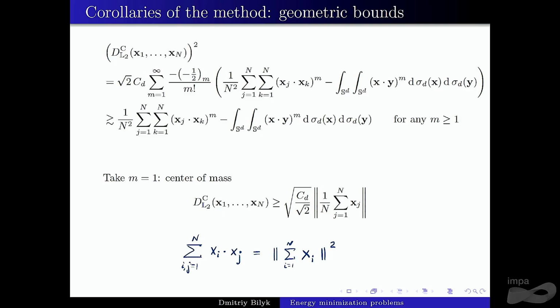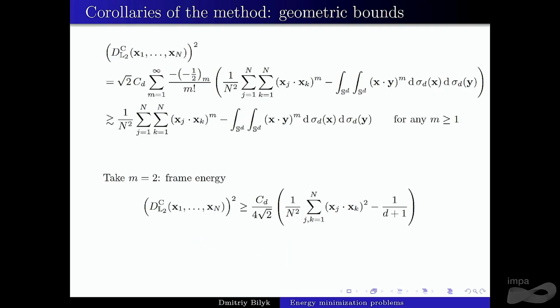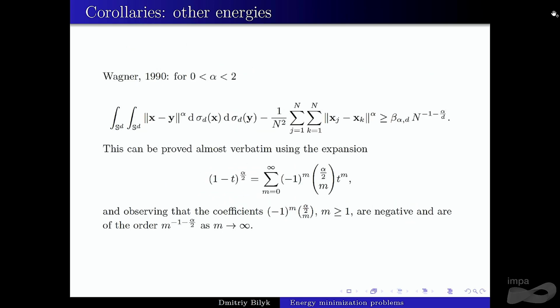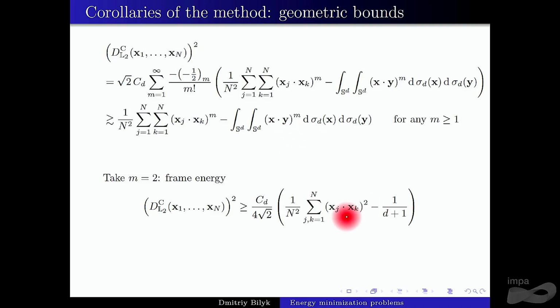You can also, if you take m equal to 2, for example, get the object that we discussed a lot in the first lecture: the frame energy, the sum of squares of inner products. This tells you, in a certain sense, that if the set is too far from being a tight frame, then again the discrepancy has to be large. And again I haven't seen such properties.